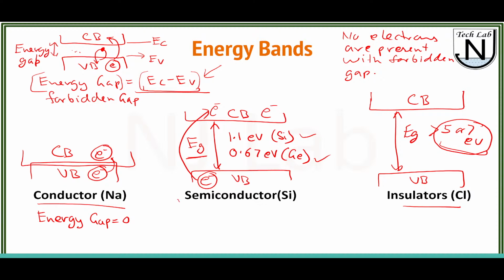The material which seems imperfect, which seems not to be a conductor and through which current cannot flow, can have electrons move from the valence band to the conduction band due to some external energy. Once that external energy is provided, the semiconductor can behave as a conductor.